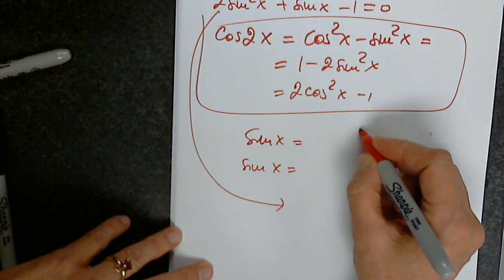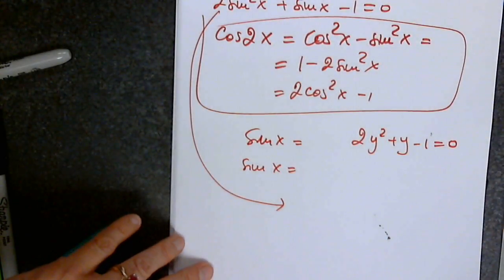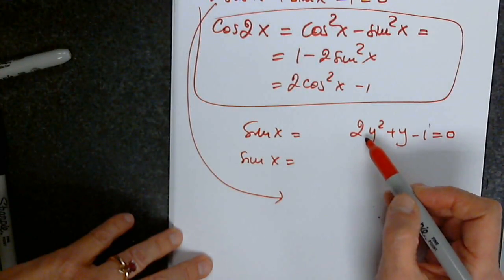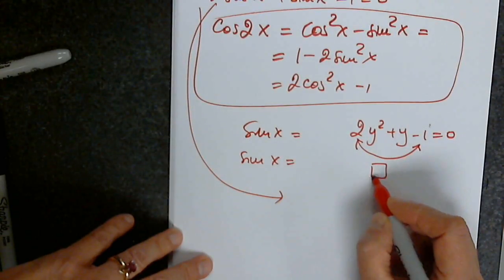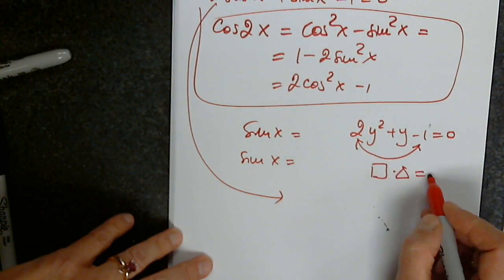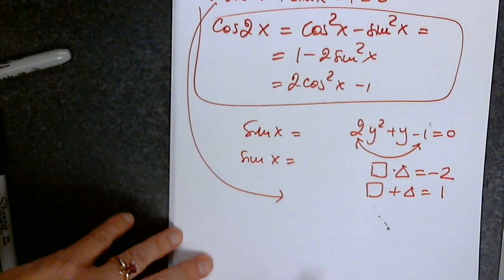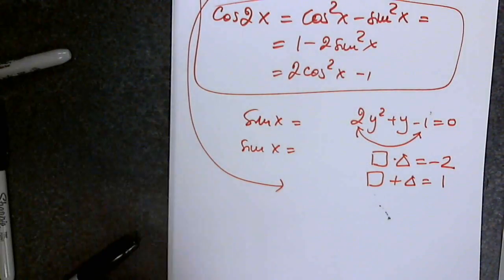So if we have 2y squared plus y minus 1 equals 0, since the leading coefficient is not 1, we will have to incorporate it in the product. So I'm looking for 2 numbers whose product is -2 and whose sum is +1. Since the product is negative, one has to be positive and one has to be negative.